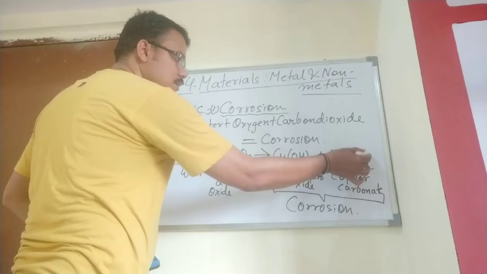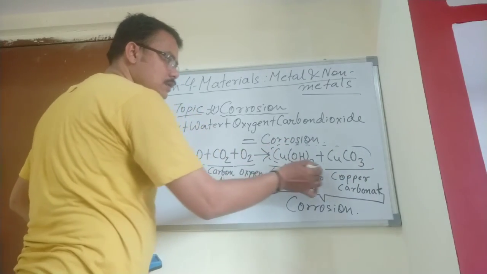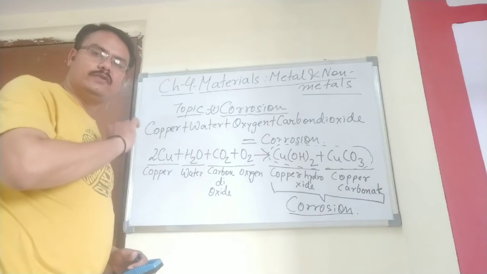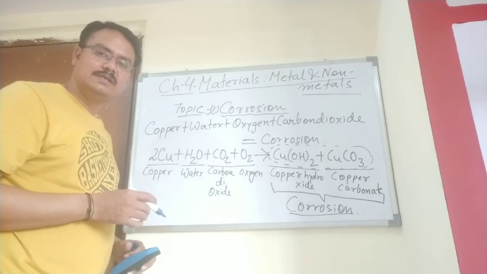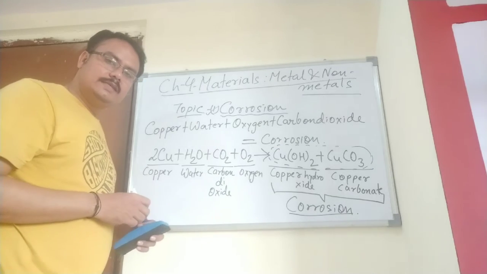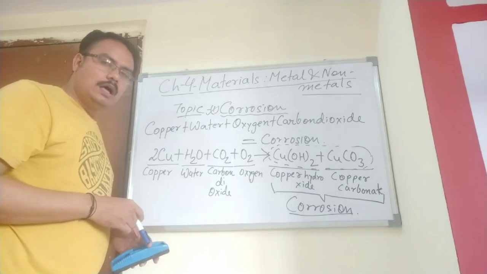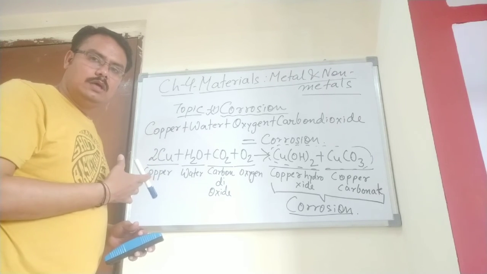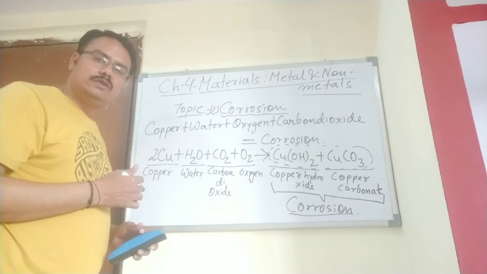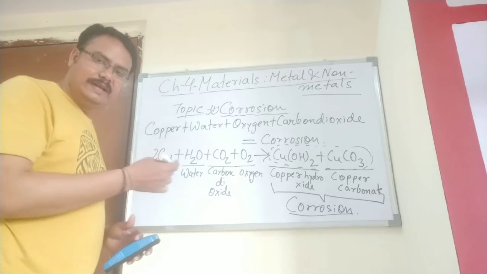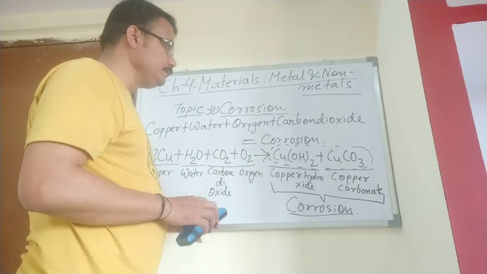These two together are called corrosion, that is, the forming of a green layer on the copper surface is called corrosion. Now students, next, this is also loss of metal, copper, and the next condition of loss of metal is of iron, that is rusting, which I am going to explain to you.